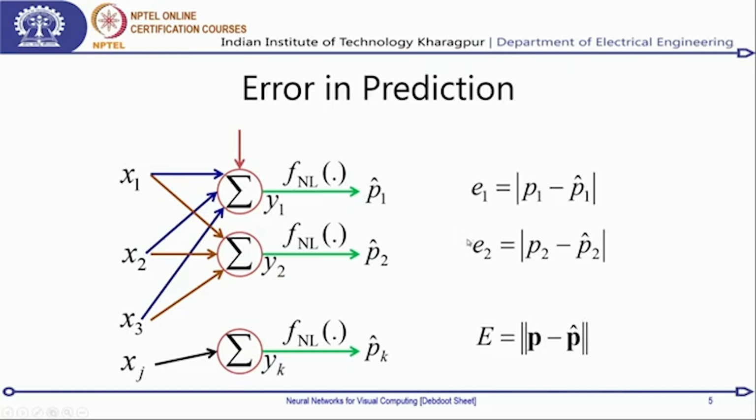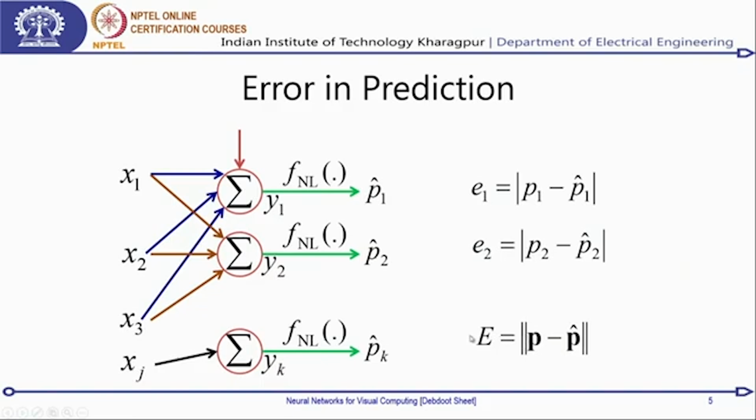Now, in that case, typically instead of taking a direct summation, the best way is to take a Euclidean distance between the predicted vector over here, this P that becomes a matrix, and the actual ground truth, so between your p hat and your p.